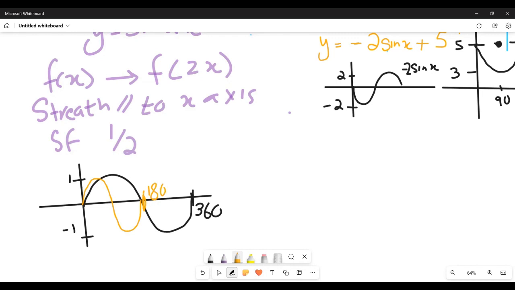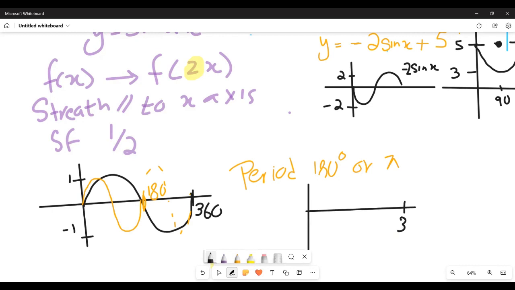And if you're asked to plot beyond it, then it keeps going on. So now the period has changed. The period of this graph is 180 degrees or pi in radians. Sorry, not pi by 2. The way I remember it, since this is 2, the graph completes 2 cycles within 360 degrees instead of 1 cycle.